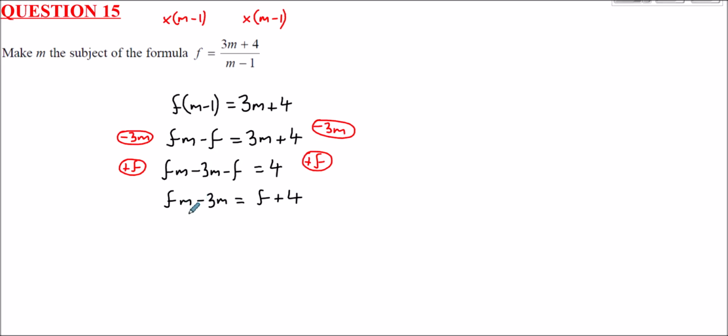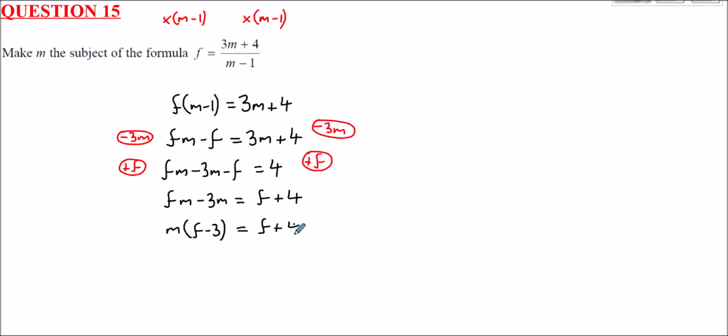We can now, because all the m's are on the same side, factorise, because we have m common in both these terms. We have m brackets f minus 3 equals f plus 4. I did the brackets there, apologies, pretty strange.